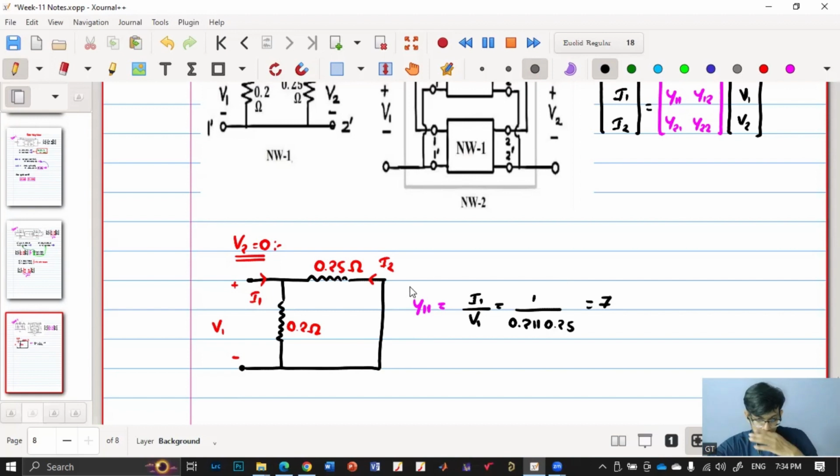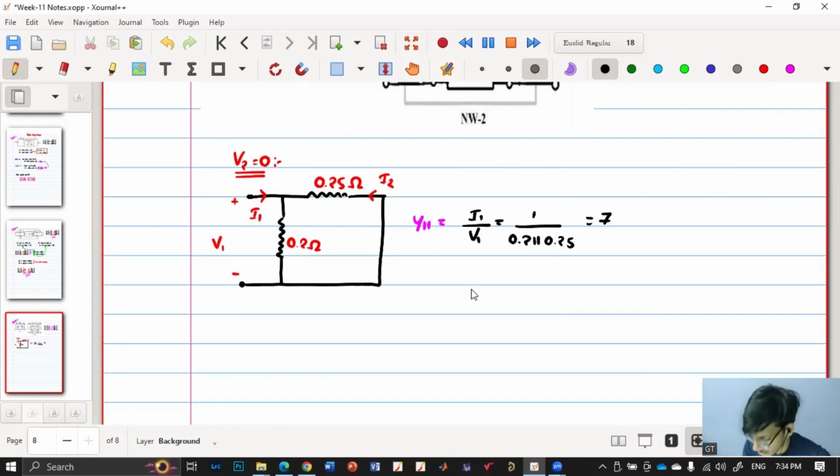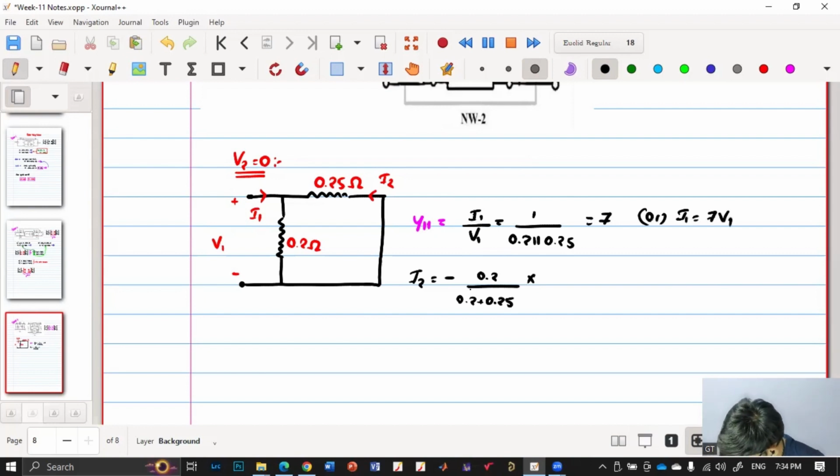Now I have to calculate I2 in terms of V1. So what is I2? I2 is minus, because the direction is the other way, minus 0.2 by 0.2 plus 0.25 into I1, right? And I1 is how much? 7V1. So into I1, or 7V1.